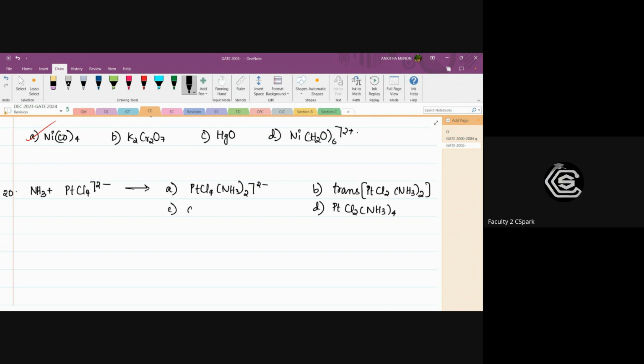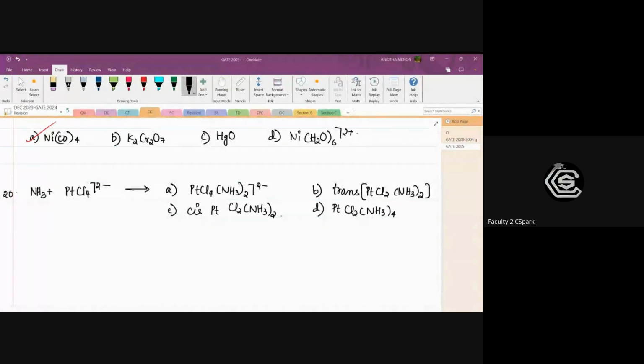Option C, cis-PtCl2(NH3)2. Which is the correct answer? It is based on the trans effect series.